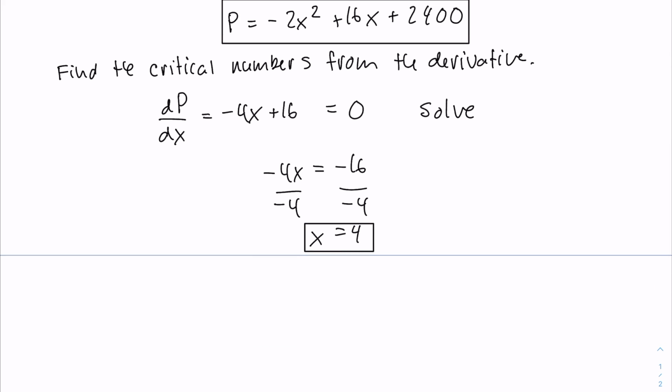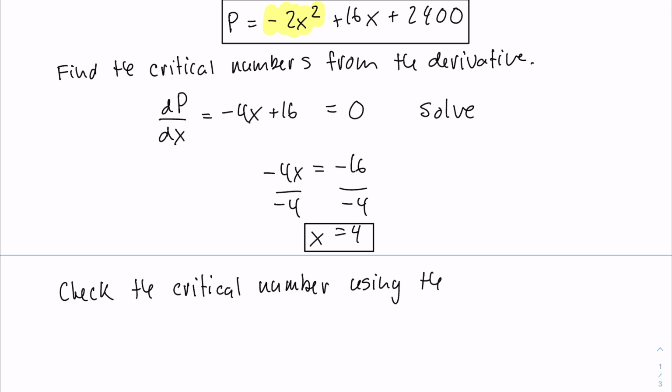So you might be thinking, well, is this a minimum or a maximum? Well, I can tell by my equation that this is going to be a parabola that's upside down, so it's a maximum. However, why don't we do something interesting and check the critical number? We're going to use the second derivative test. Remember, the second derivative test talks about the concavity.